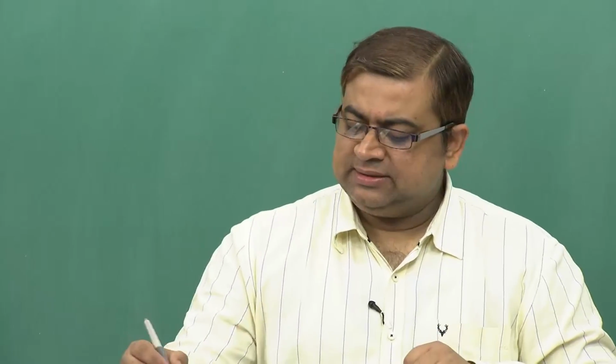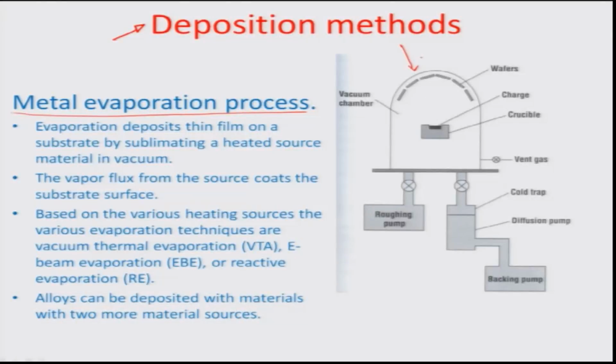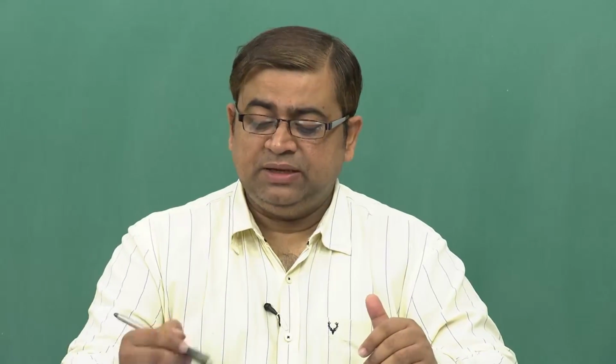So, let us look at this process here. You have an inverted bell jar, and there is something called a boat, which holds the charge. It could be a crucible, or in most cases some kind of very high temperature resistive wire, generally made of nichrome or some other suitable alloy, or tungsten, which is able to go to a very high temperature, almost the red heat of the material concerned.